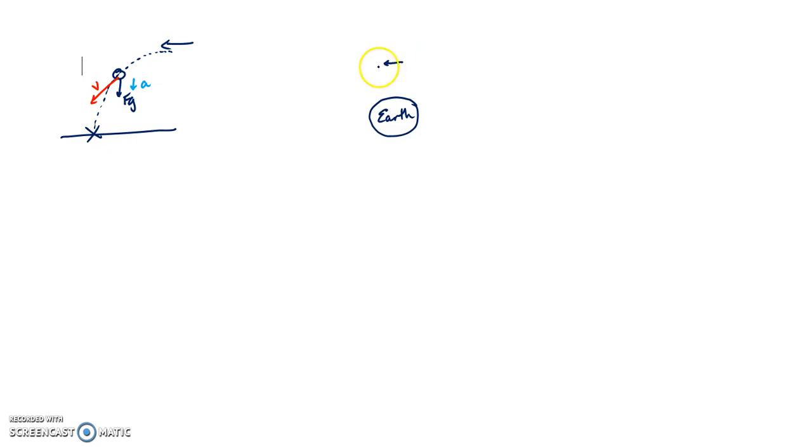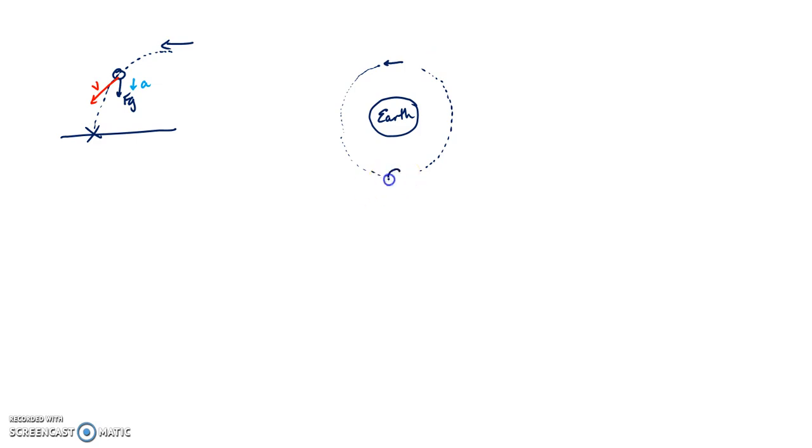Well, gravity is still going to pull it in, but as it gets pulled in, it still has that tangential velocity, so it still wants to go around. So if we get this perfect balance, then we're actually going to find that we're not going to hit the Earth at all.